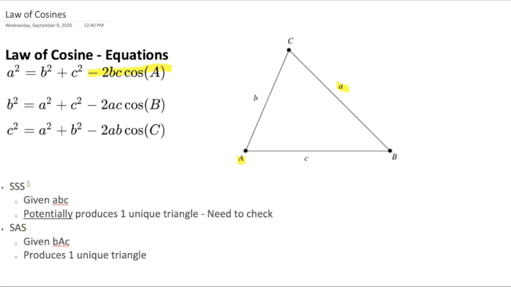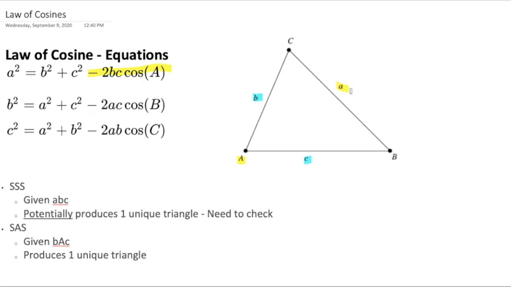Side, side, side: if I'm given side A, side B, and side C, I can solve for the angle. Side, angle, side: where we have side B, angle A, side C, I can solve for that angle of A using this formula.